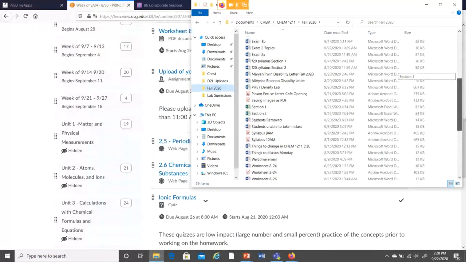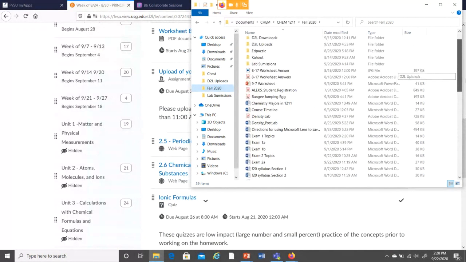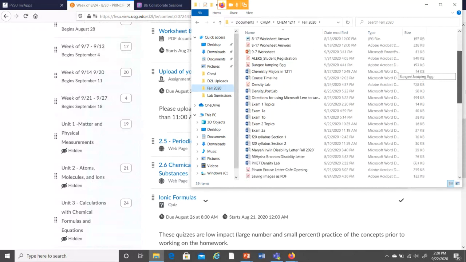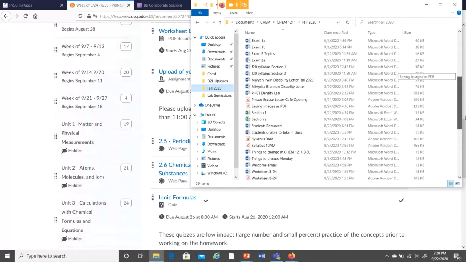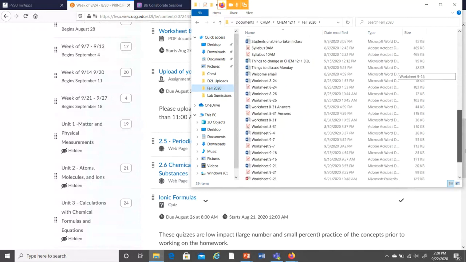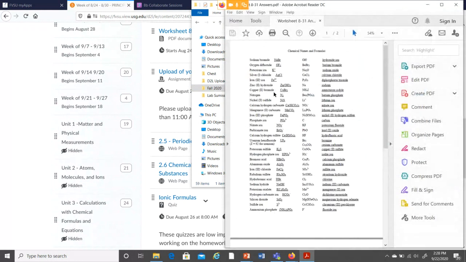It's a PDF. Density lab. Is it this one? Well, that's the worksheet. 831 answers. Oh, there it is. I just didn't post it. I'll get that posted.